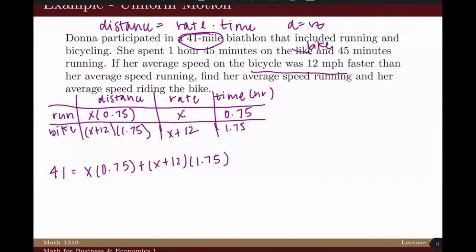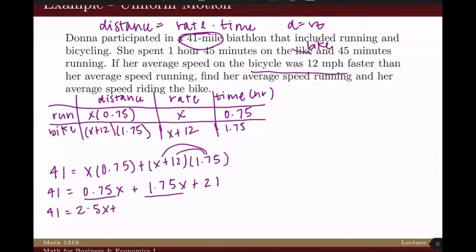So then we have 41 equals 0.75x plus, and you're distributing this 1.75 into these parentheses, you get 1.75x plus 21. Next, we will combine like terms. So you'll get, adding these two together, 41 is equal to 2.5x plus 21.